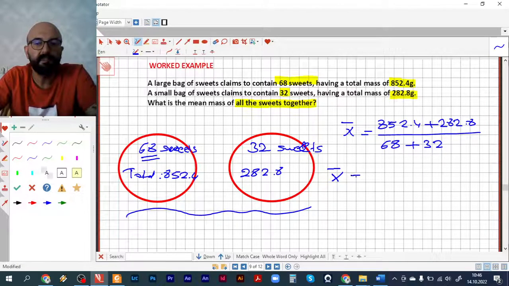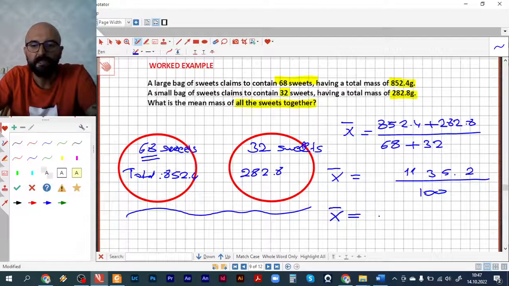So the mean is like 12 and 1 carry 5 and 3 and 1 carry 11 over 100, and our mean becomes 11.352.